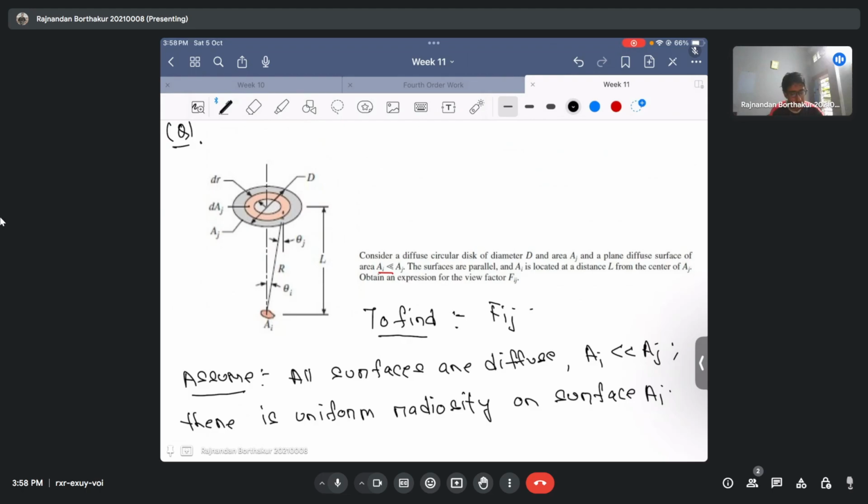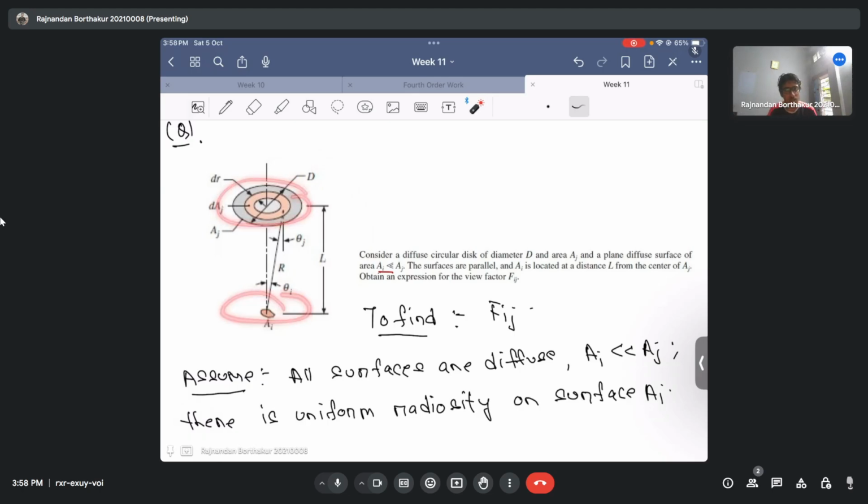So the approach is simple and we have already seen it. Just by looking at the figure, you should have thought that there should be a certain way to solve this problem in order to get Fij. One of these ways is to use the integral forms of view factors, because when we stated the integral form of the view factor, we considered similar surfaces of these forms only.